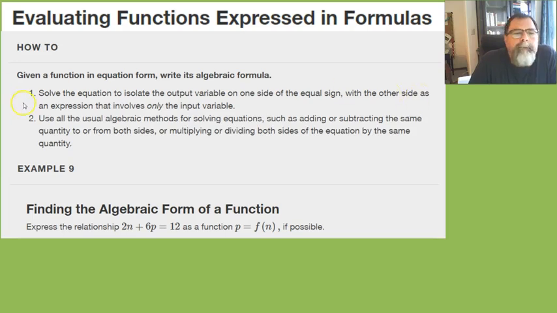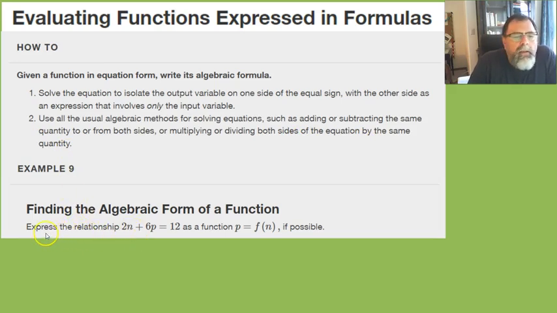Then write the other side as an expression that involves only the input value. So that's key. Use all the usual algebraic methods for solving equations, such as adding or subtracting the same quantity from both sides, multiplying or dividing both sides of the equation by the same quantity.